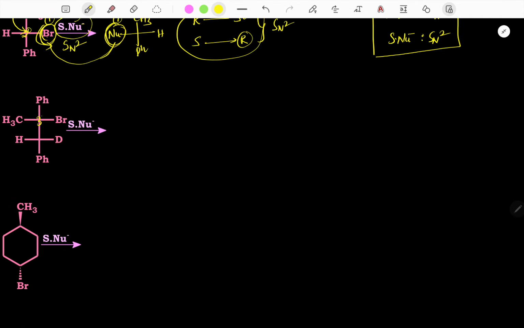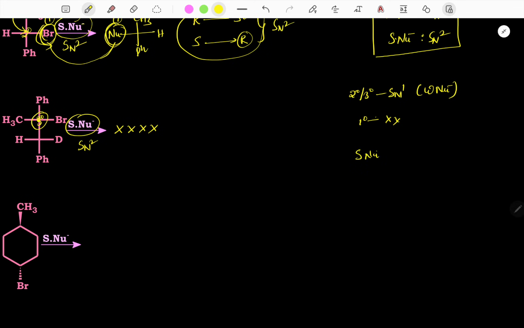It is a tertiary carbon. Tertiary carbon, strong nucleophile, Sn2. So practically no reaction. Reason is steric factor. So generally at a tertiary carbon Sn2 is not preferred. Secondary and tertiary prefer Sn1 in the presence of a weak nucleophile. Primary, no reaction.